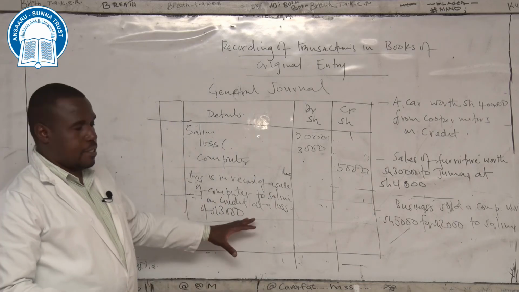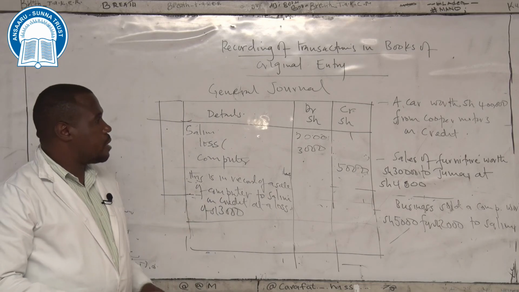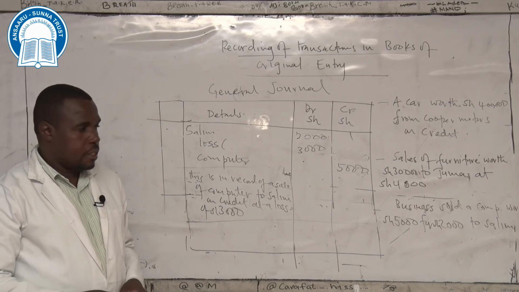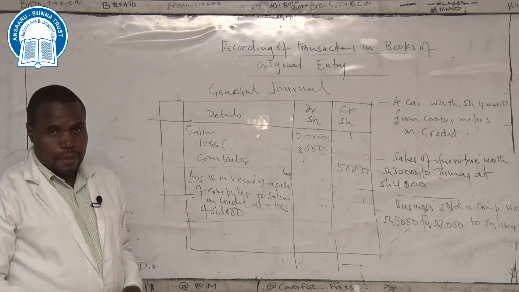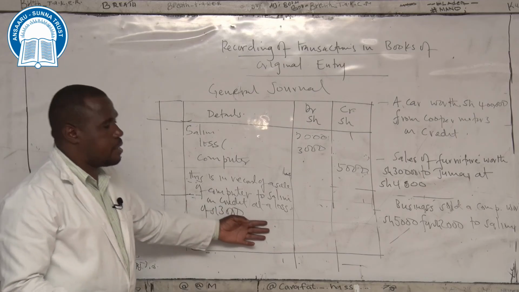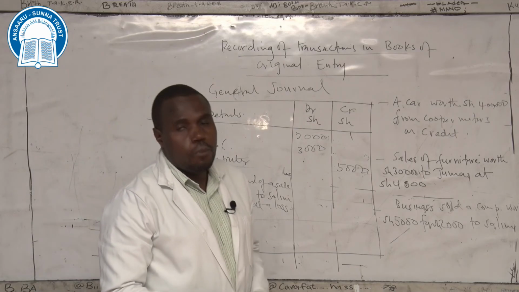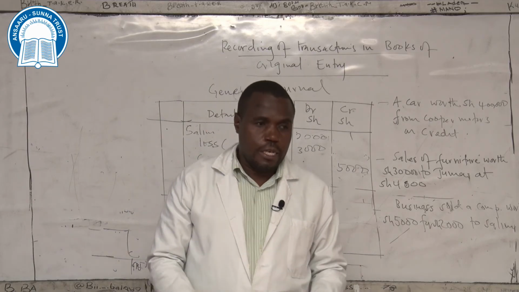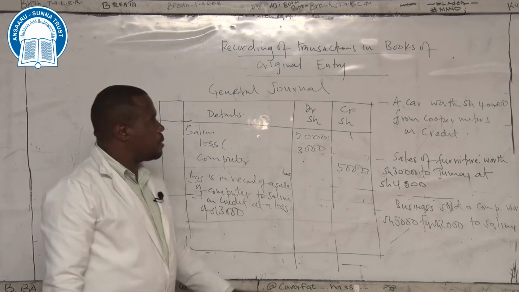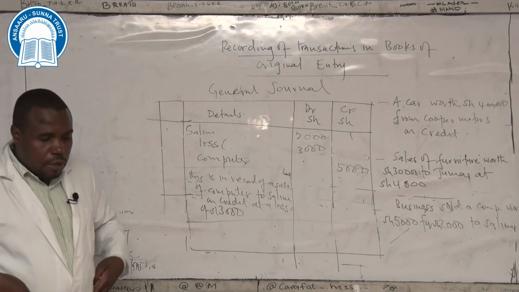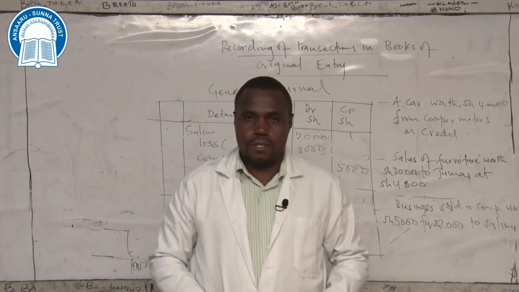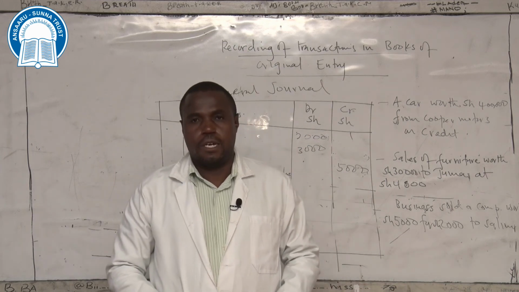So either the errors have to be recorded here. For example, if there's a correction of error that has been done, that correction has to be recorded somewhere so that in future it aids your memory to remember what you did. Because if you look at the importance of these books of original entry, one of the importance is it helps you with details of transactions that took place.